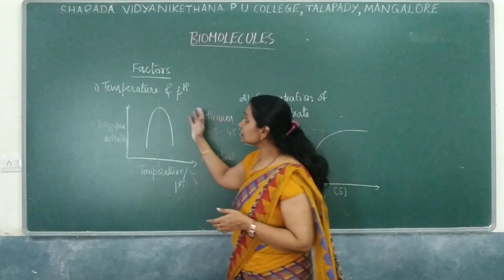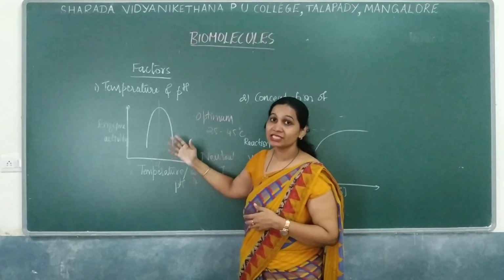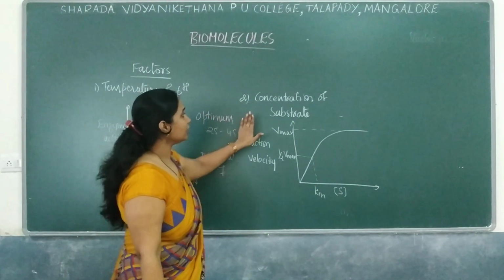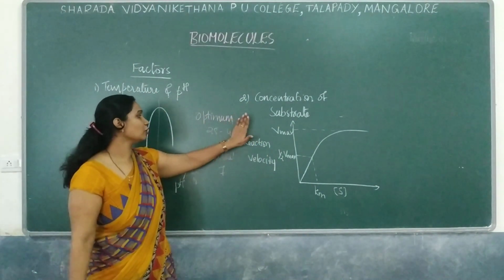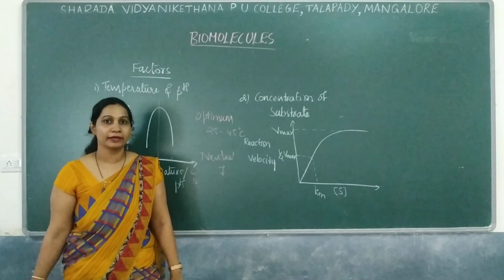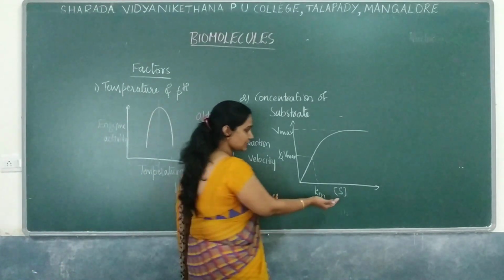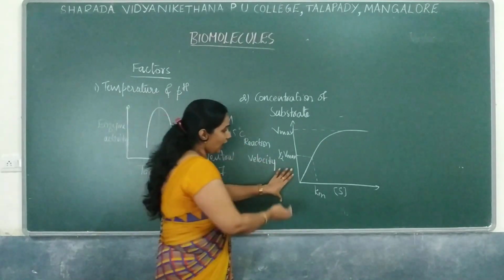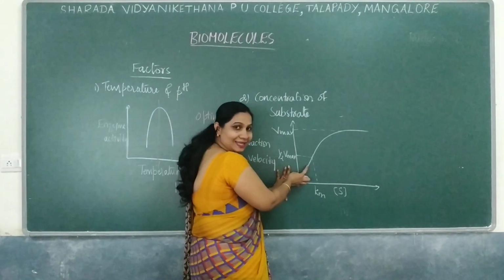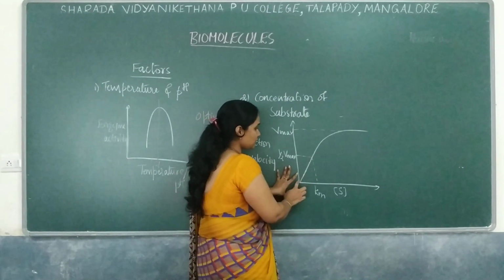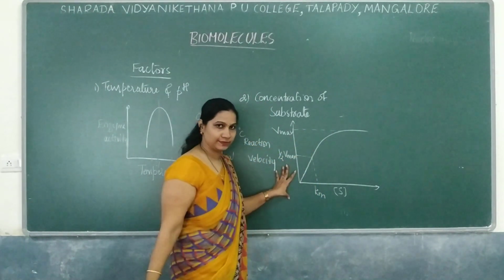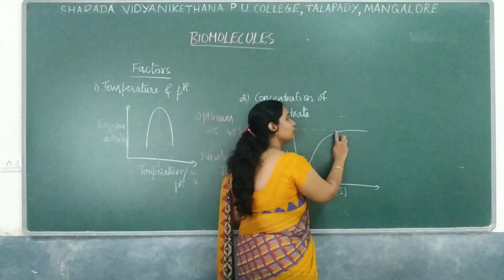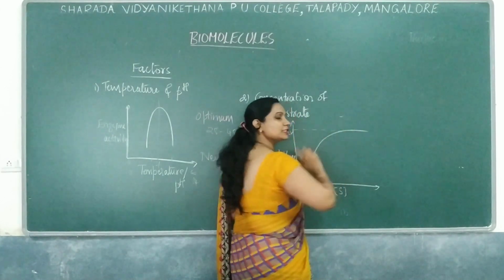So this is regarding the temperature and pH that will act on the enzyme activity. Next is the concentration of substrate. Substrate concentration will also act on enzyme activity. The X-axis represents substrate, the Y-axis represents reaction velocity. As we go on adding substrate, reaction velocity increases and it leads to saturation.